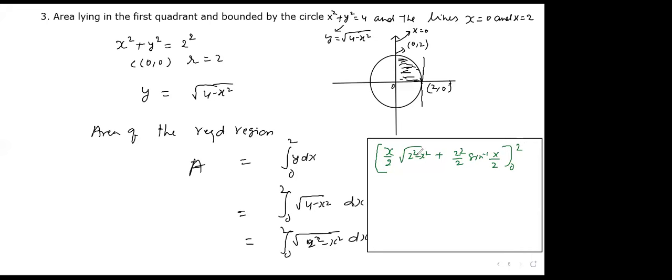So 2 by 2 times root over 2 square minus 2 square, so the first term becomes 0, plus 2 sine inverse 2 over 2.